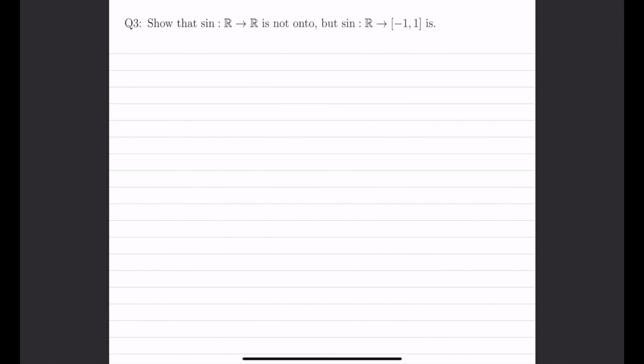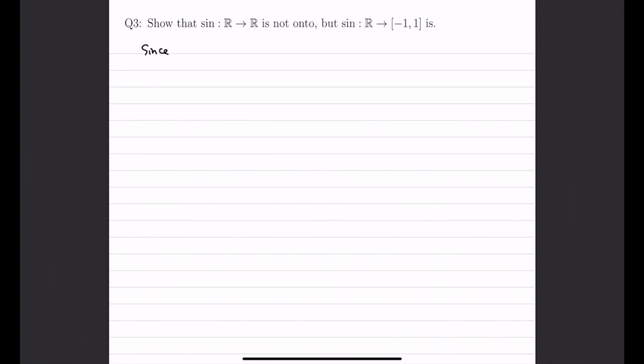In question 3, we show that the sine function from the set of real numbers to the set of real numbers is not an onto function, but if we change the codomain to the interval from -1 to 1, then it is an onto function. First, recall that a function is onto if every element in the codomain has a pre-image.